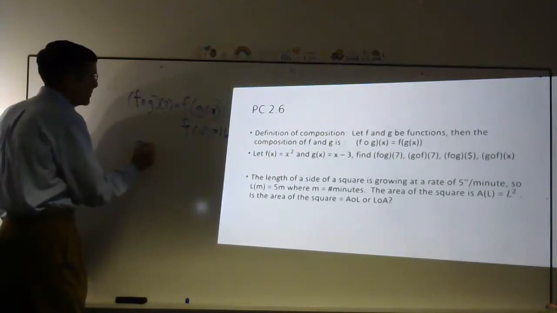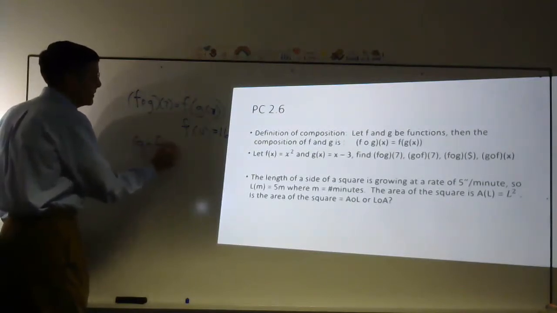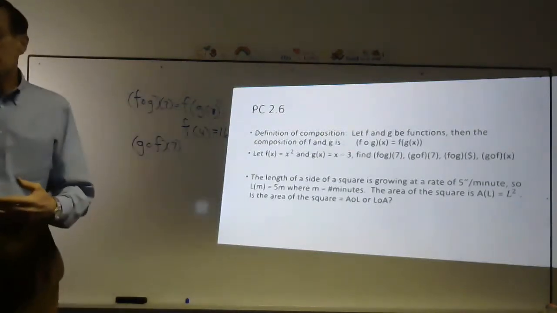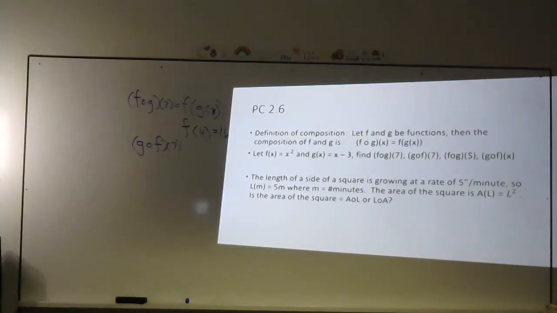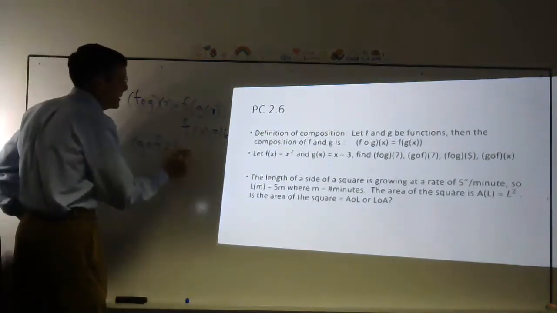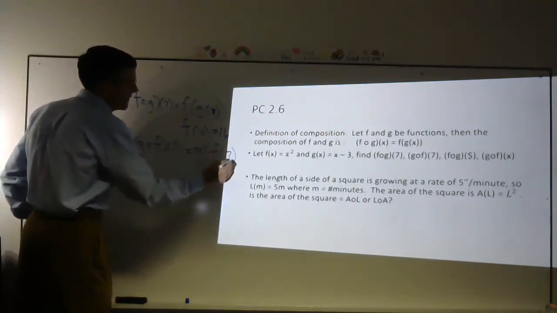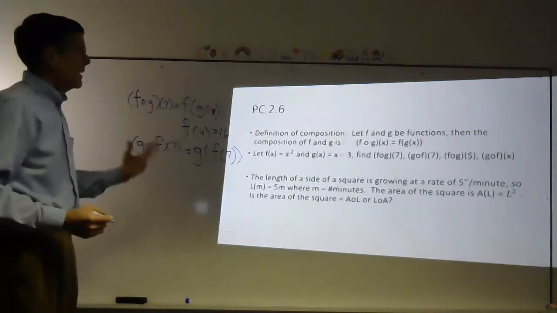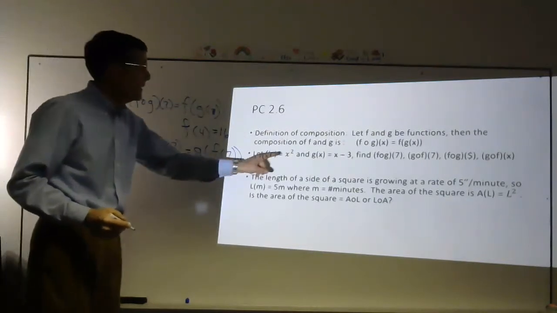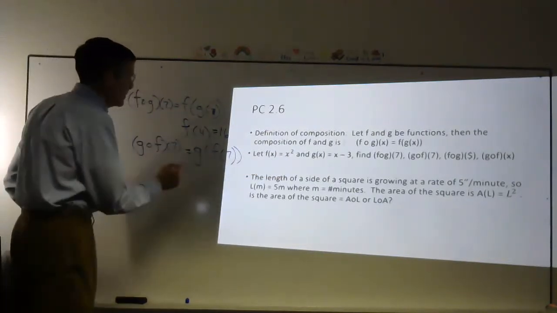I wonder if composition is commutative. Can we do it forward and backwards? Can everybody see what I'm doing here? I better write a little bit bigger. Okay, so g circle f of 7 is g of f of 7. So I must do f of 7 first. f of 7 is going to give me 49.